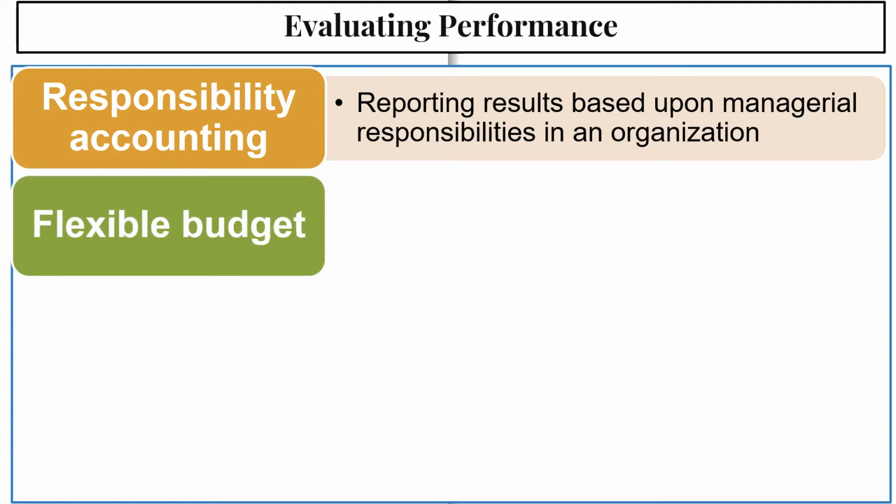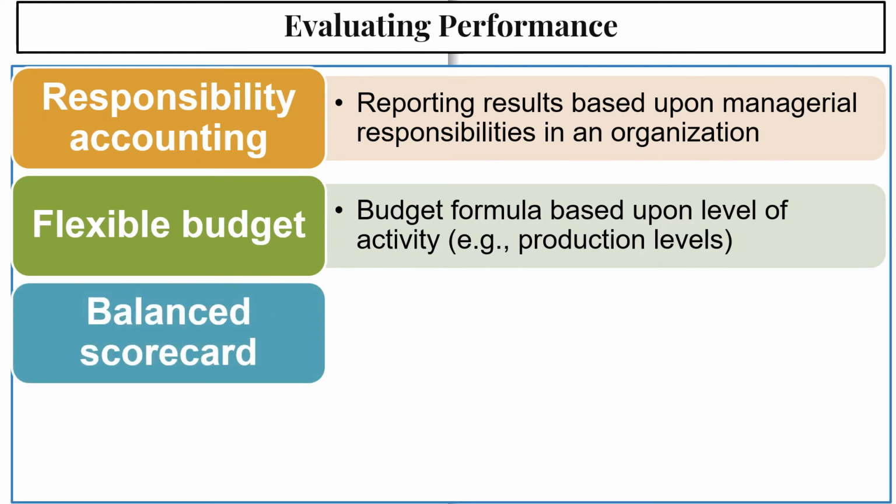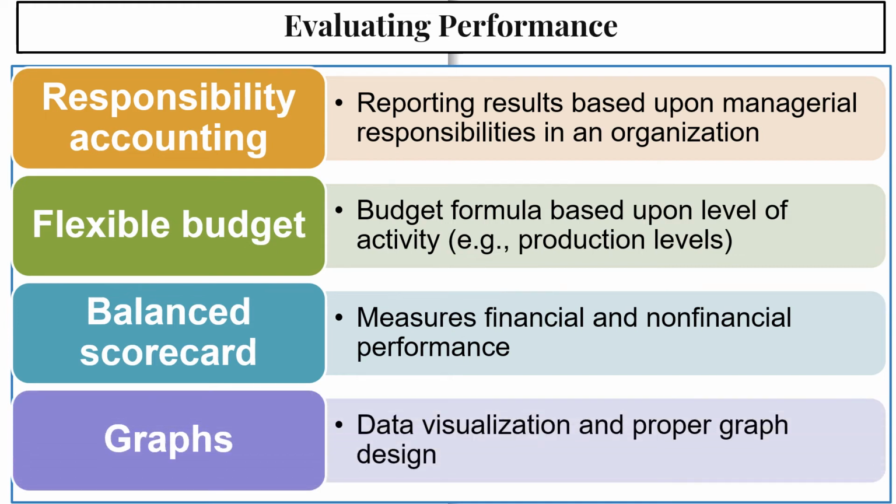Flexible budget, so the budget formula is based upon the levels of activities, for example the production levels. And the balanced scorecard, which is one of the techniques to evaluate and measure the performance based on financial and non-financial measurements. And the graphs, data visualization, and proper graph design.